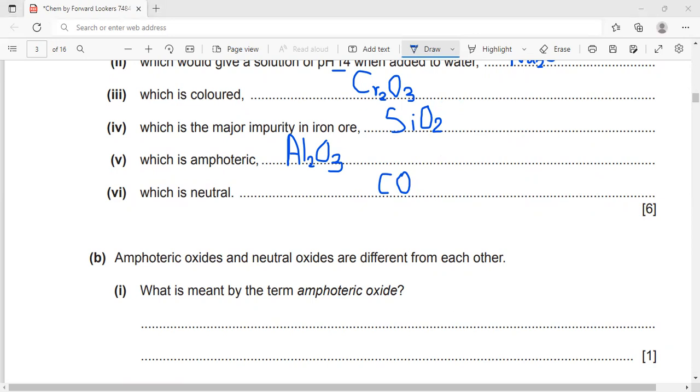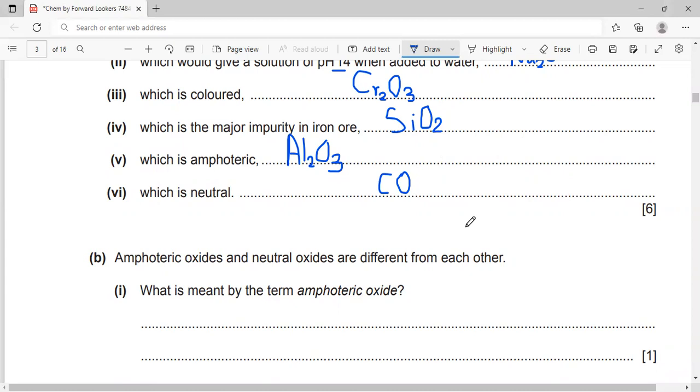It's very important for us to know this, because some oxides do not react with acids and bases, so we say that they are neutral. Examples are nitrogen monoxide and carbon monoxide.